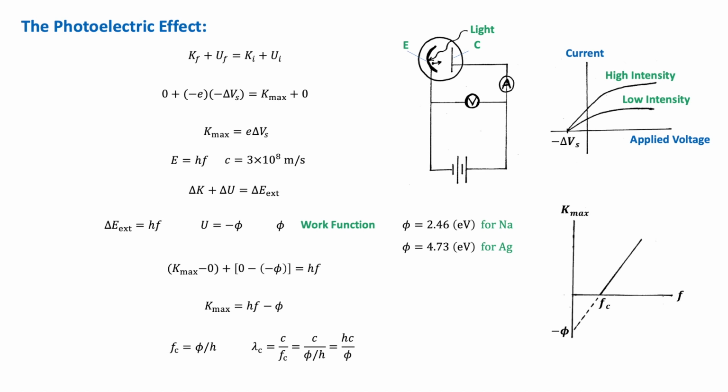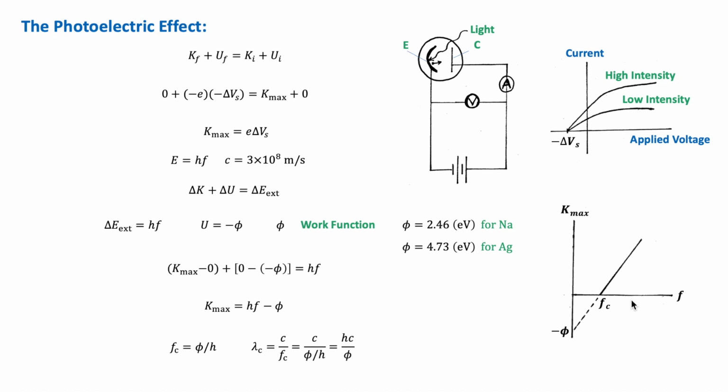So even if the incident light's intensity is very low, there will be very few photons arriving per unit time interval, but each photon can have a sufficient energy to eject an electron instantaneously. And also, this photon model explains why the photoelectric effect cannot be observed below a certain cutoff frequency, and it's because the incoming photon must have an energy greater than the work function phi to be able to eject an electron.